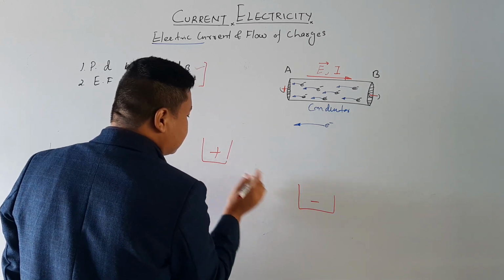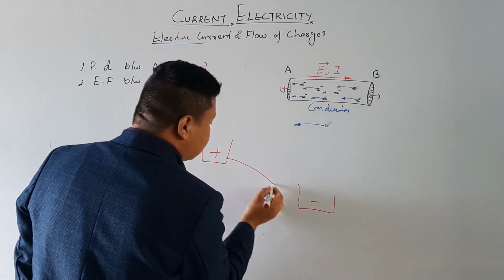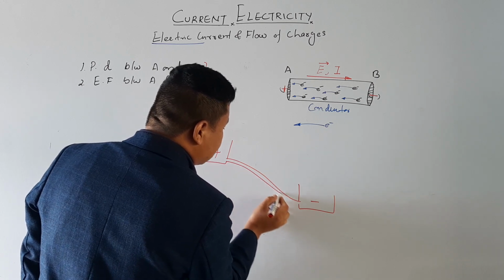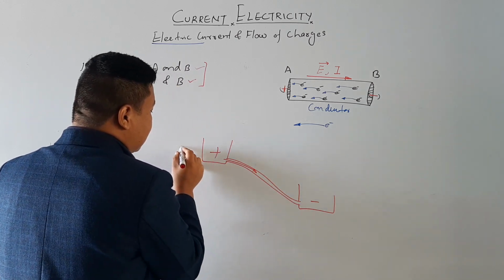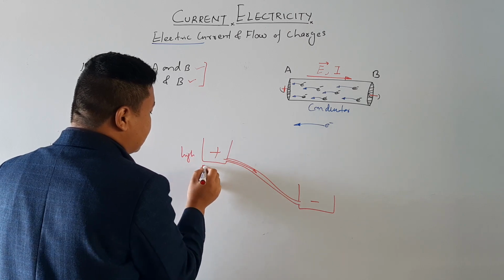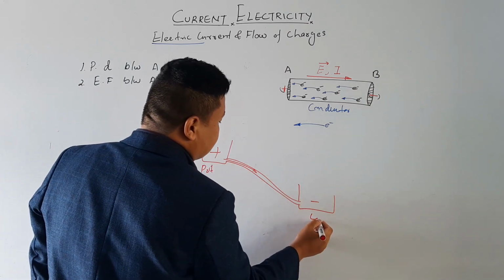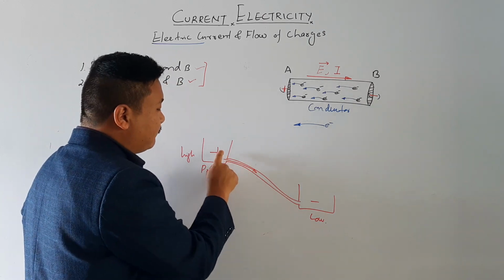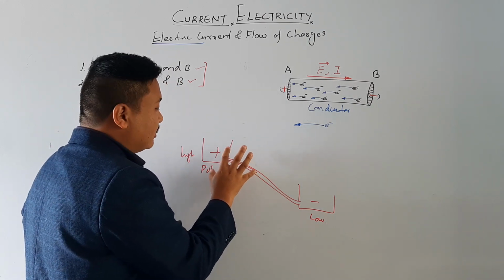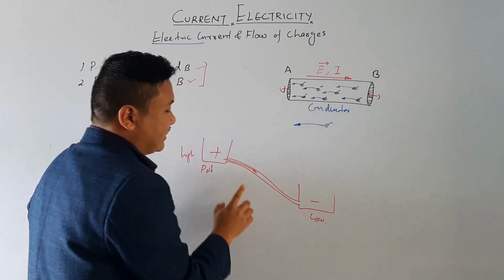You connect it with a pipe here, then what will happen? The water in the positive tank will flow in this direction. Why? This has got high potential and this has got low potential, so the water will flow from this tank to that tank, isn't it?